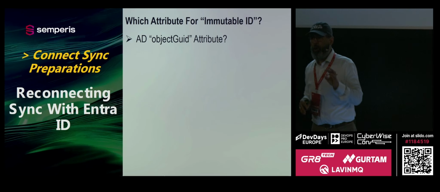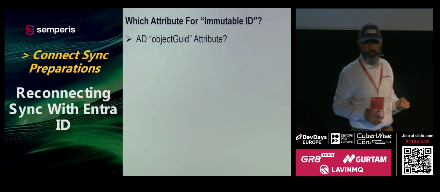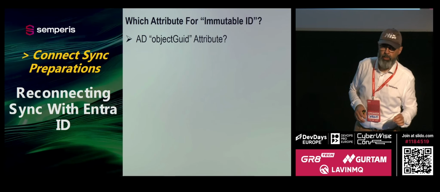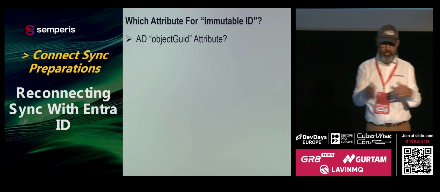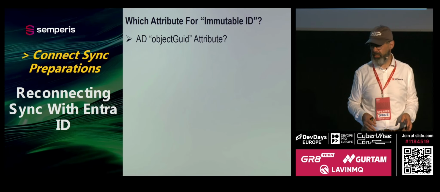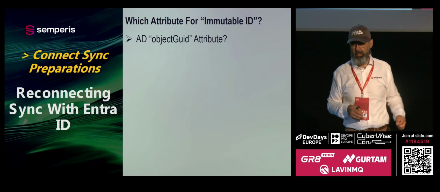However, the object GUID is a system-owned attribute. And when it's a system-owned attribute, you cannot manipulate it in any way. So you create a new object, it gets a new object GUID. You can't change it to the old one.